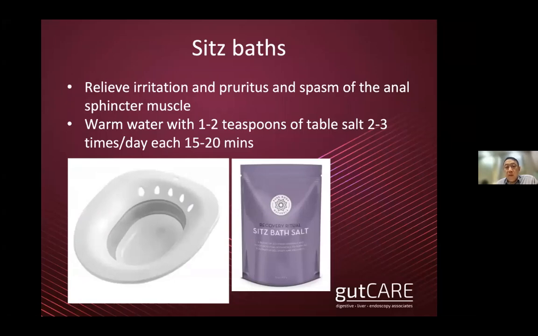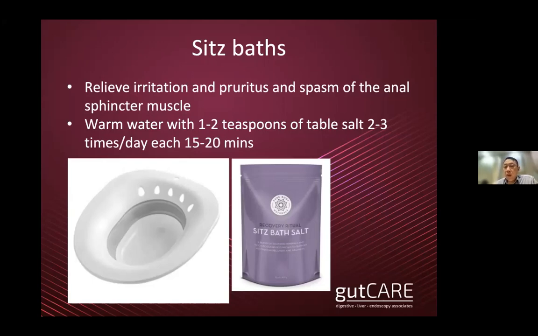If you do not have a bathtub, there are trays that fit over the toilet bowl, like what I've shown here. And then you just put warm water, 1 or 2 teaspoons of salt, and sit 2 to 3 times, each time 15 to 20 minutes. So how much salt? Actually 2 teaspoons of normal table salt is normally good enough. Sometimes warm water alone is also good enough.